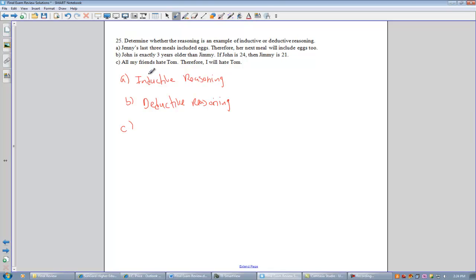And then C, all my friends hate Tom, therefore I will hate Tom. Again, this is not deductive but inductive reasoning.